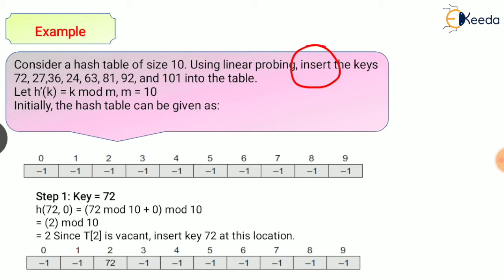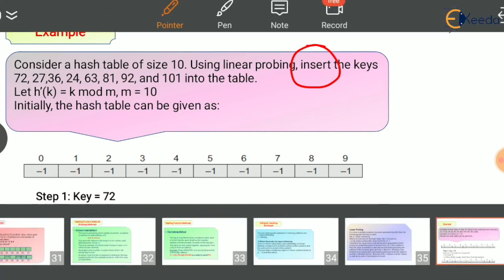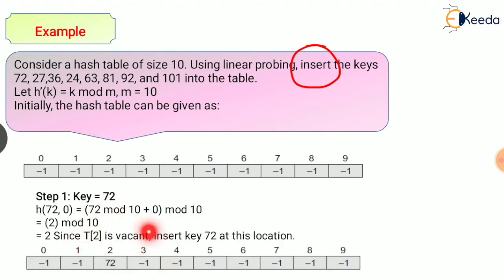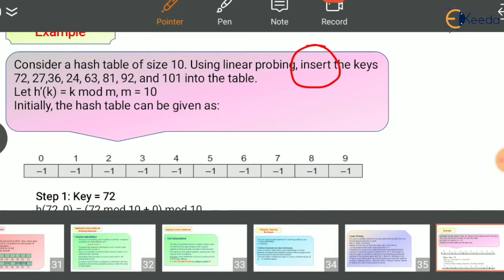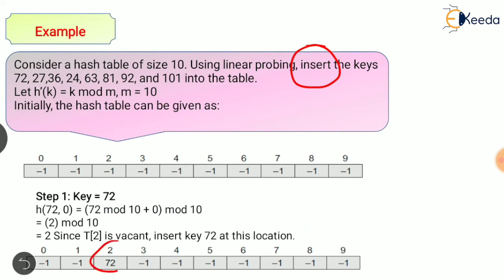Now since T[2], the hash table's second position, is vacant, insert 72 at this location. So here we insert 72 at location 2 as we calculated by using the formula. Understand? This is for the first element. Similarly, you can find out the position for all the elements that are there in the table.